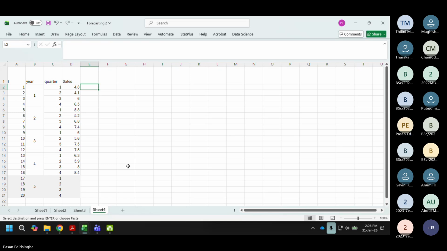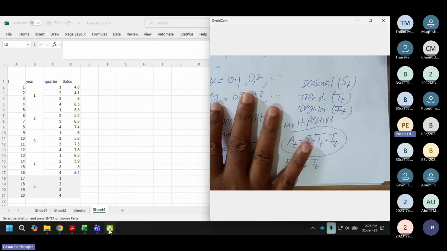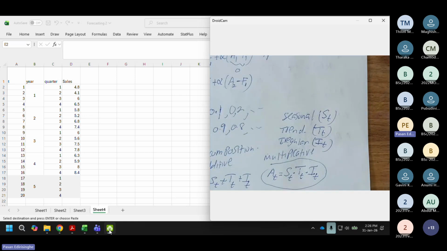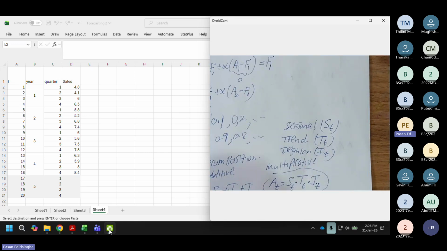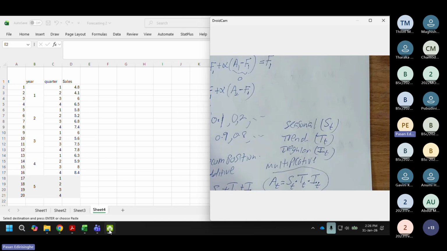Now, in terms of the forecasting situation here, we can apply either the moving average concept or the exponential smoothing concept.